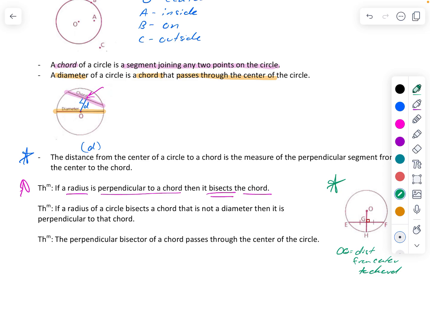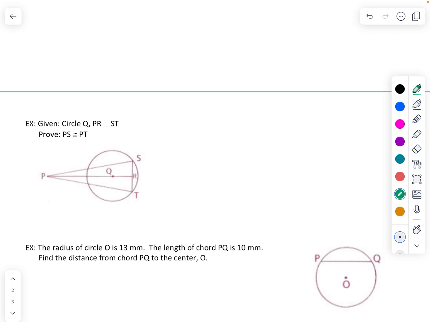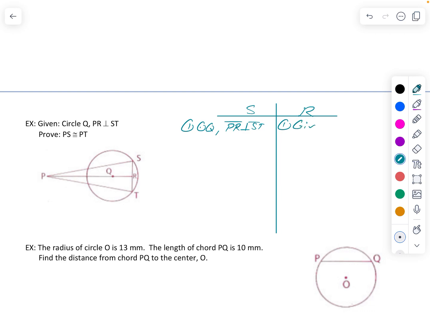So moving on, let's take a look at a proof. Yes, proofs are back. So we have circle Q. We have statements, reasons. So we have circle Q, and we have PR perpendicular to ST. All right, so we have this.